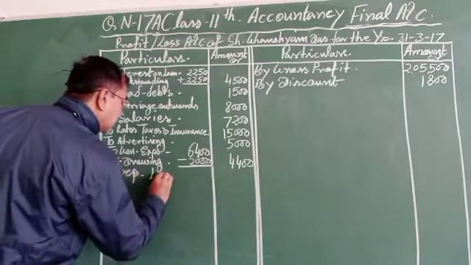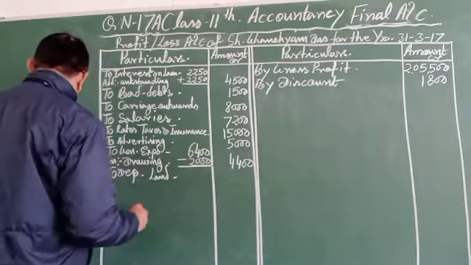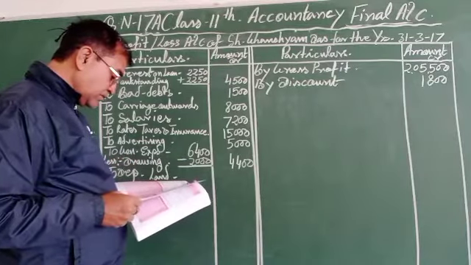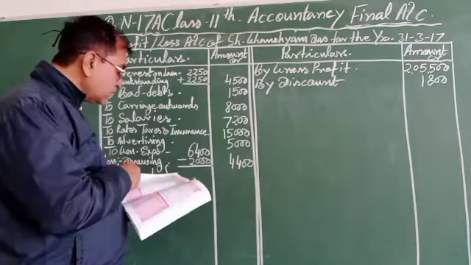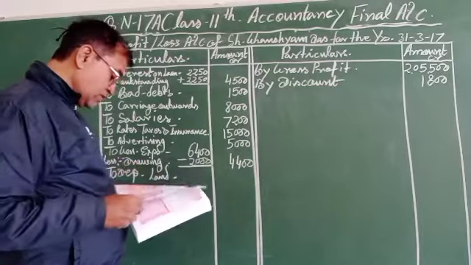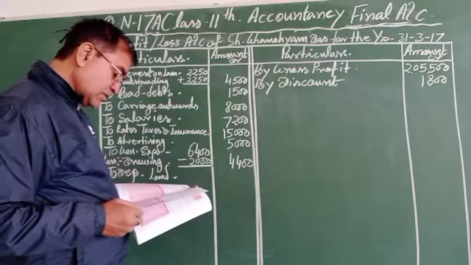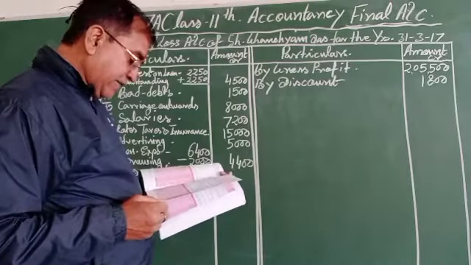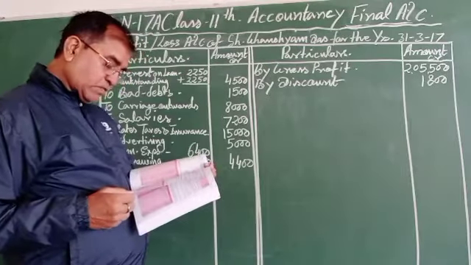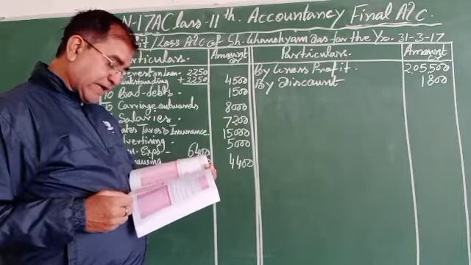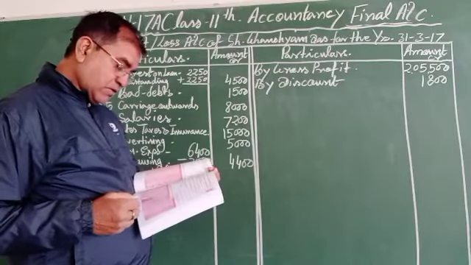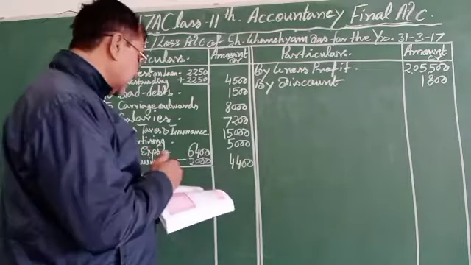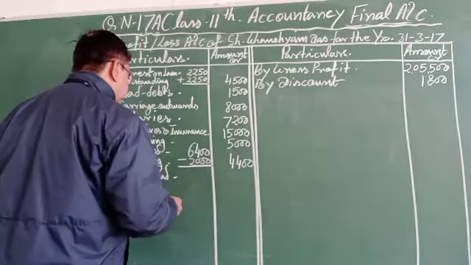Land and building given 2,80,000, 2.5%, that will be the 7,000.